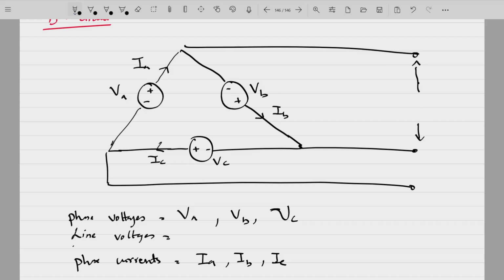ठीक है. तो एक तो आप you can find out the voltage at this particular point, you can find out the voltage at this particular point. So एक तो VAB है, दूसरा VCB है, so you can find out the difference between the two, or you can directly see since this connection here is in parallel with this VB connection, तो यहाँ पे जो voltage होगी that will be simply VB.